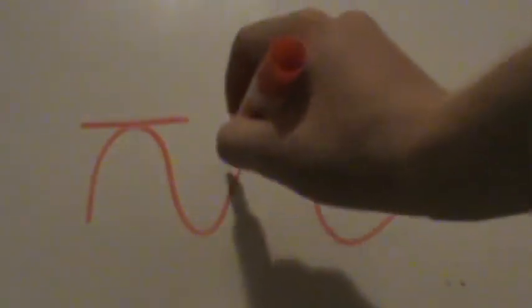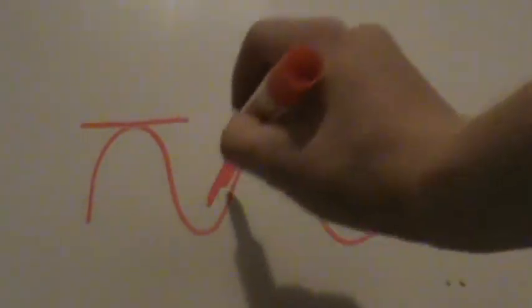Basically, it's just important to know that the derivative is the slope if I draw a tangent line at any point on a curve. If I drew it here or here, I would get the slope at that point.